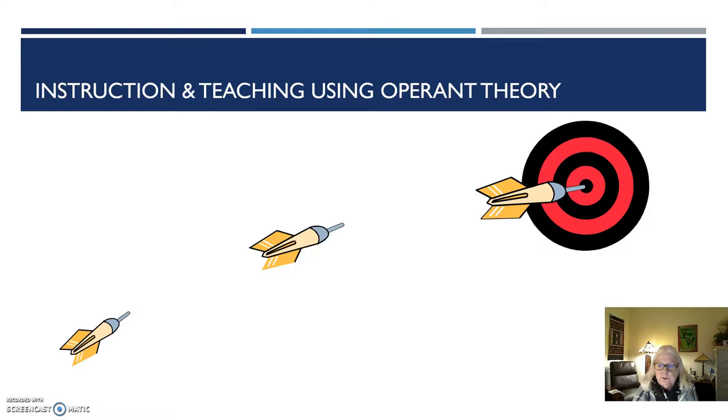What is to be learned? That's decided in advance. And the instruction is designed, as illustrated in this graphic, to reach that target. What do you want your students to be able to do and know at the end of instruction? What are the goals, outcomes, standards, proficiencies, targets, and benchmarks?